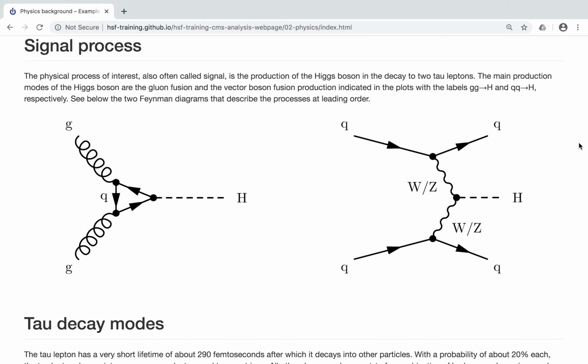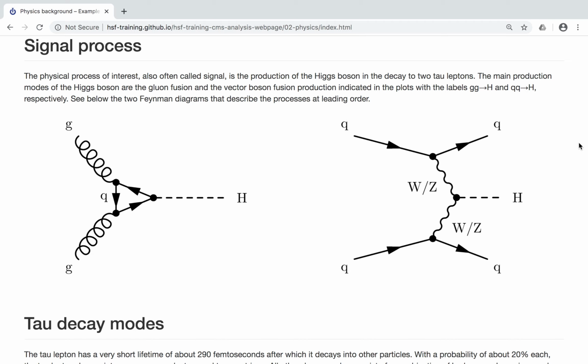Now there are multiple ways that this Higgs could be produced. Here I've shown on the left the gluon-gluon fusion mode of producing a Higgs, and on the right, the VBF, vector boson fusion mode.